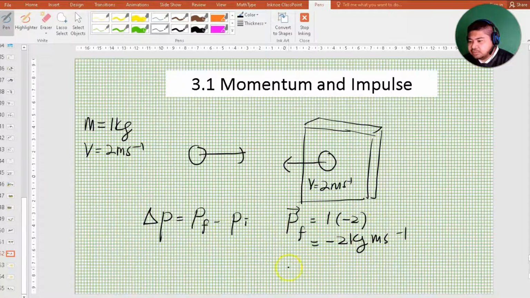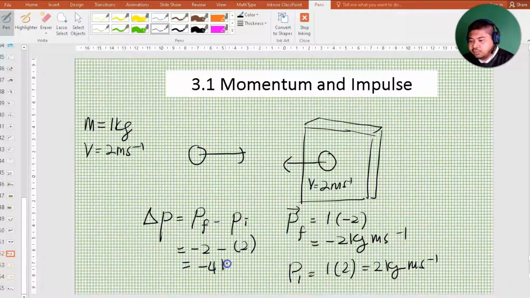And then the initial momentum is 1 times 2. 2 is positive, so you have 2 kilogram meter per second. So the change in the momentum is -2 minus 2, which equals -4 kilogram meter per second.